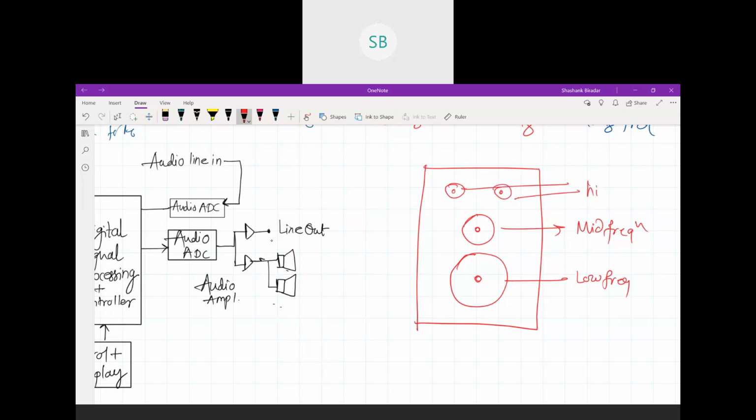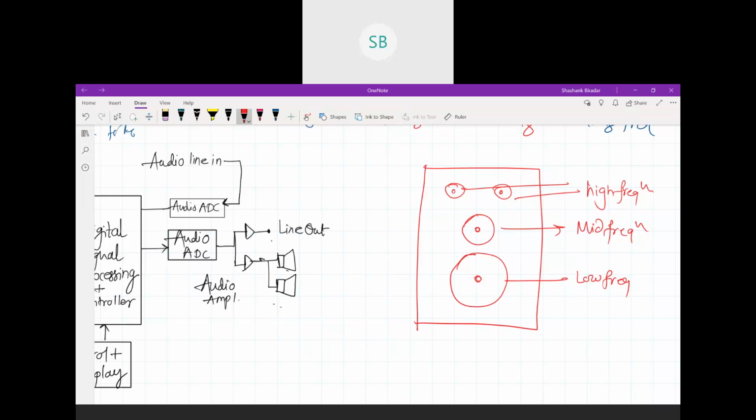You can have two tweeters, or only a single tweeter can be placed in the multi-speaker system. This is how the speaker looks with reference to the woofer, mid-range speakers and tweeters.